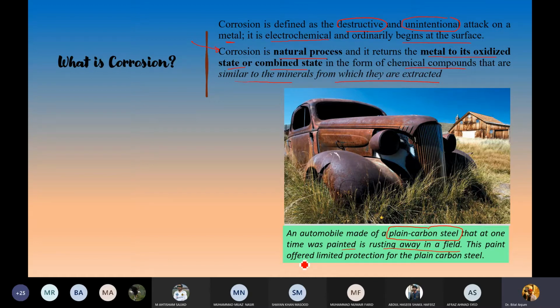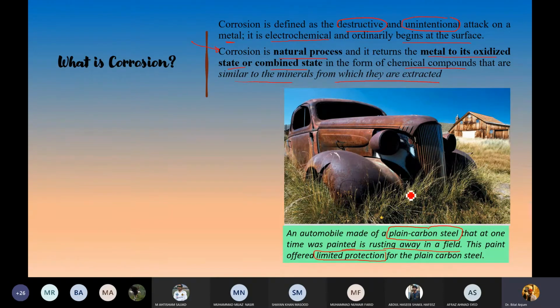The paint was there to offer protection, to protect the steel from getting back to its original state. The original state is a chemical form or compound from which the steel was originally extracted. So although the paint offered limited protection, it was not enough for a longer duration of time.